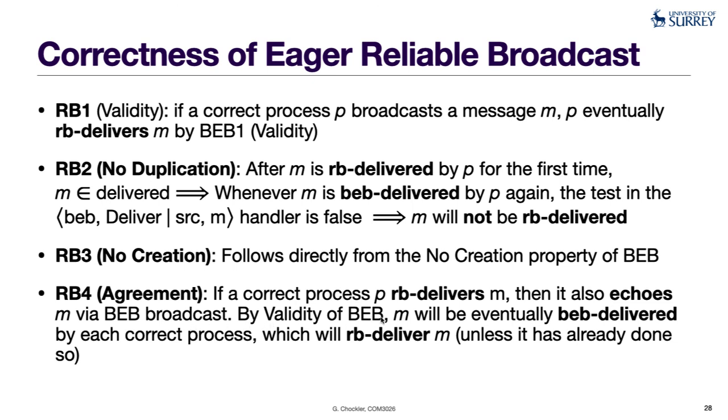Now, by validity of BEB, M will eventually be delivered to all other correct processes, and all these processes will also reliably RB-deliver M, unless of course they have already done so. And so this echoing by itself, along with the validity property of best effort broadcast, is what ensures that the agreement property is satisfied.